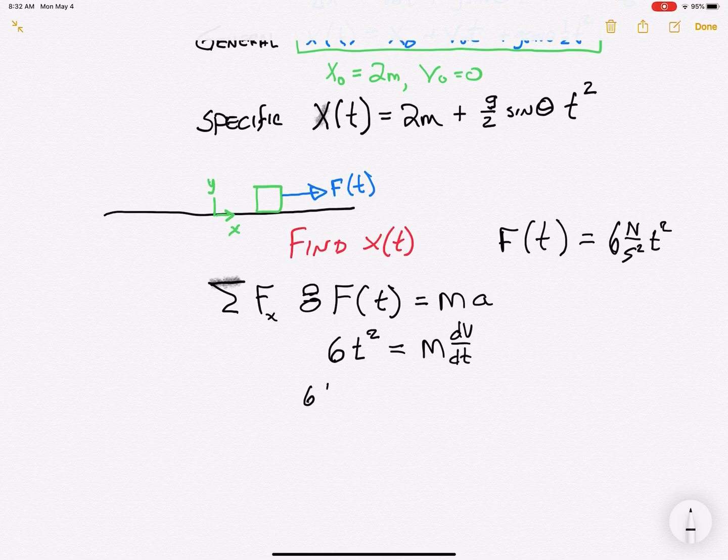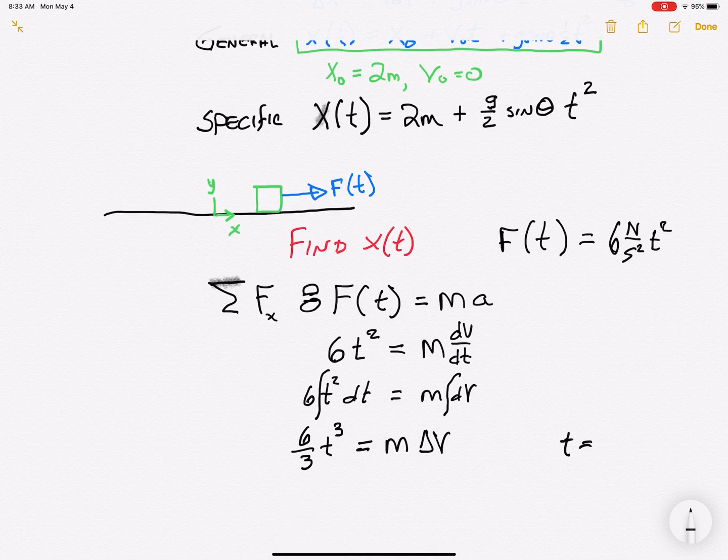Multiply through both sides by dt, and I get mass dv. We'll keep the mass constant, so we integrate here and here, and we're going to get 6 over 3 t cubed is going to equal mass and the change in the velocity.